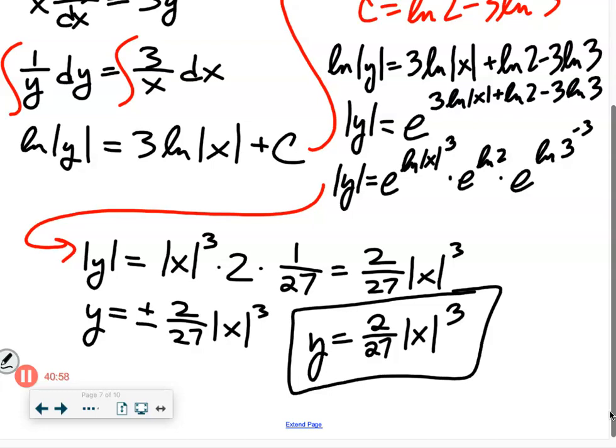So something went wrong there. You know what? You put the -3 in for y and the 2 for x instead of vice versa. Yeah, so that was the problem there. You guys got it.